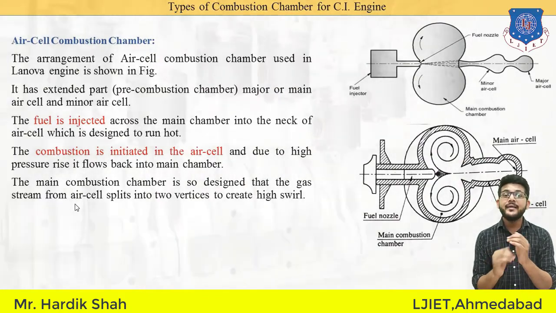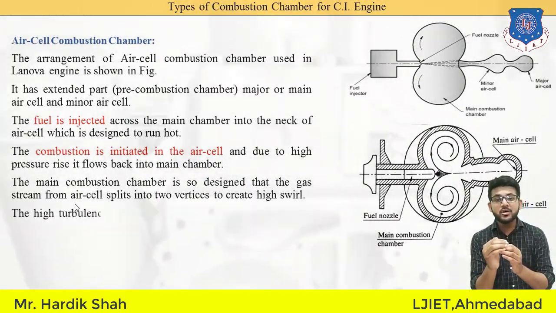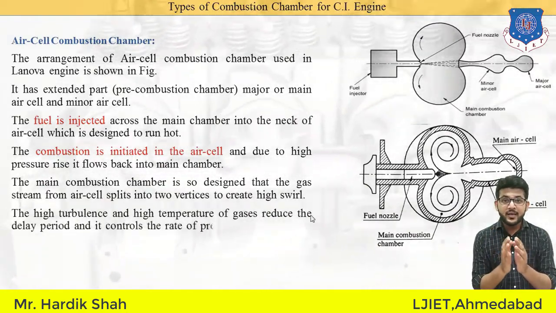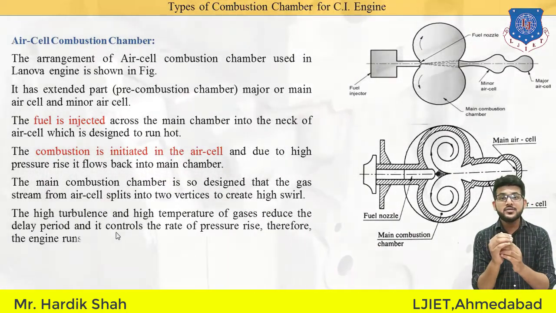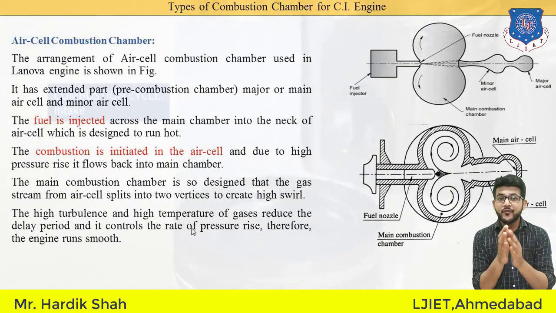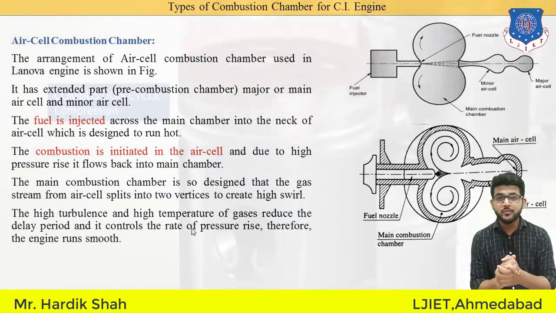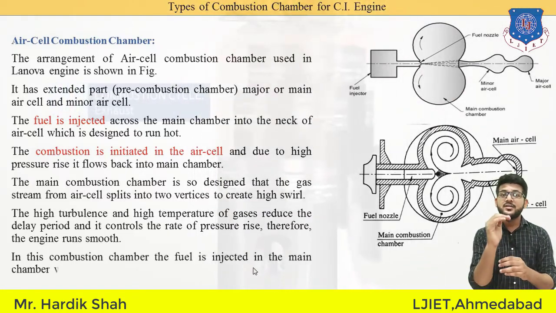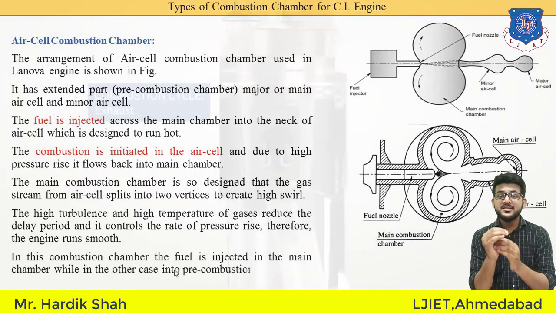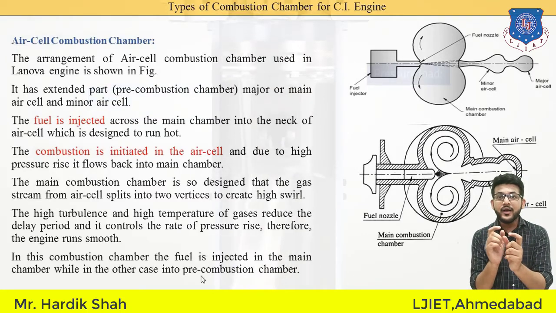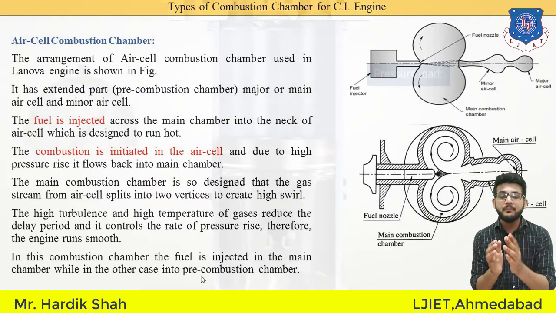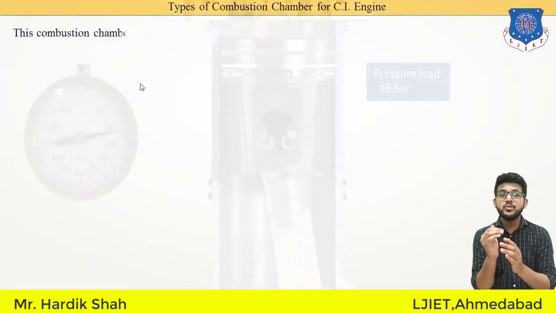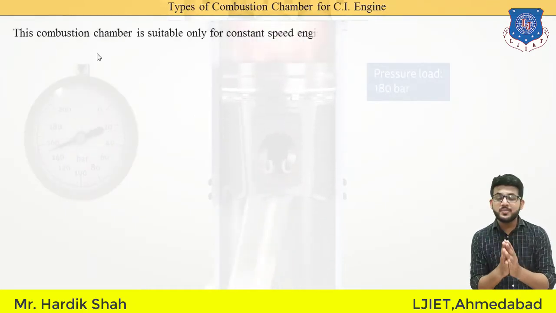The high turbulence and the high temperature of the gases reduce the delay period, and it controls the rate of pressure rise, therefore the engine runs very smoothly. That is the main advantage of the air cell Lanova combustion chamber. In this chamber the fuel is injected in the main chamber, while in the other case into the pre-combustion chamber. This combustion chamber is suitable only for constant speed engines.